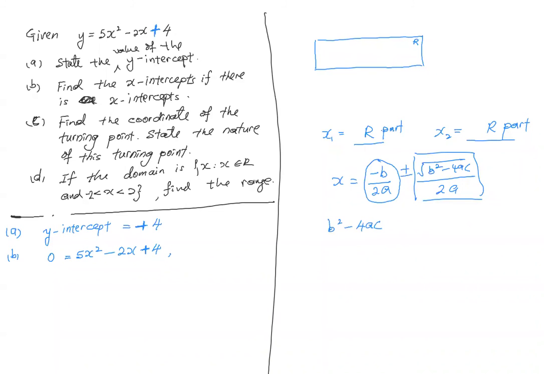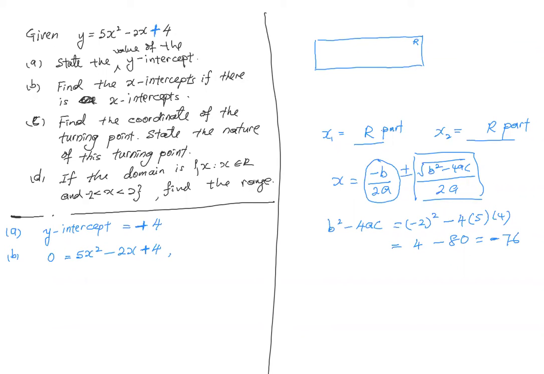For our case, b squared is negative 2 squared, minus 4ac, which is 4 minus 80, which is negative 76.